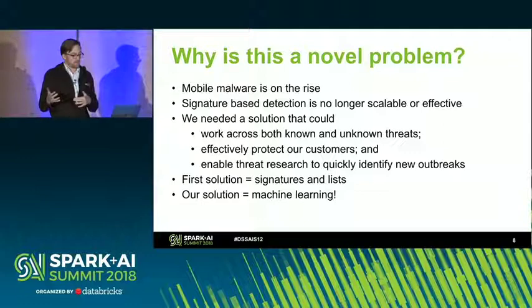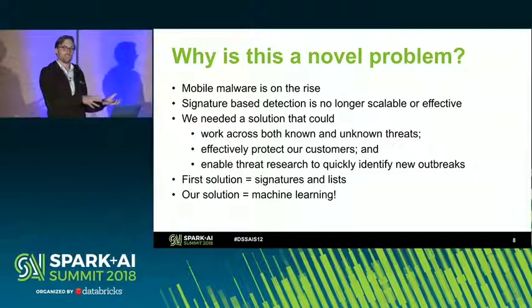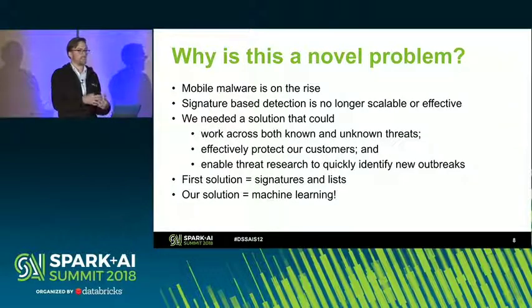So this can effectively protect our customers, but also enable us to do more research. From having a new system that can detect new threats, we can then take that information back to our researchers and to our data science teams and build new models, new threat detection systems that can then potentially find the next new 0 day.